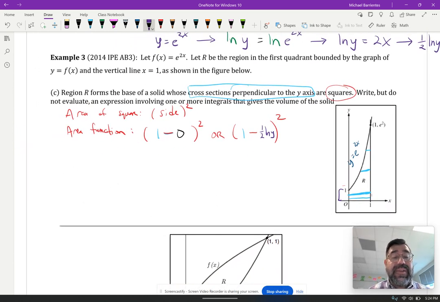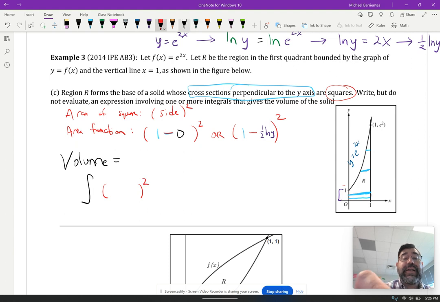Great. I found how to find the area of any square in this section and any square in this section. And they're built differently, right? So therefore, to find the volume equals the integral of this first area function setup, which is 1 minus 0.